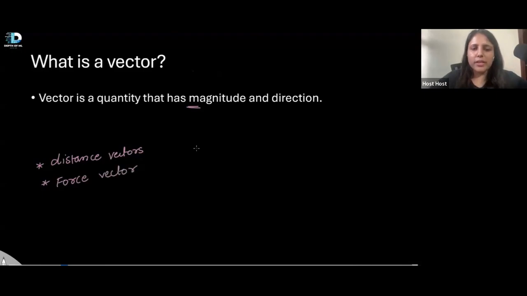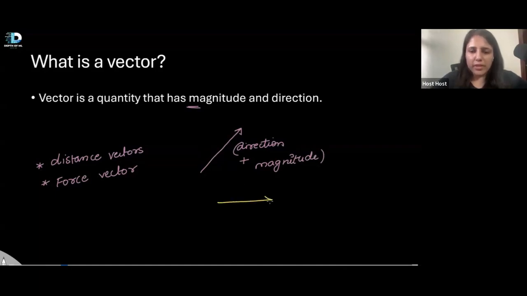So how we define it is there is some vector, which is like a one-sided arrow. It has some direction, and also it has some magnitude. And these two things are good enough to define a vector, right?